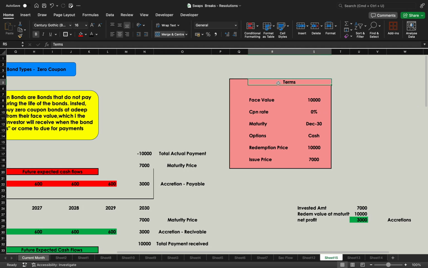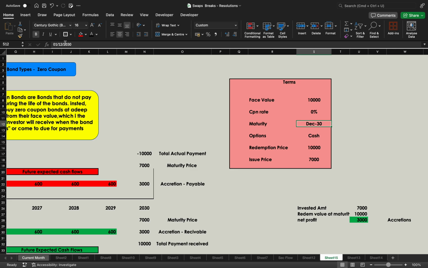The terms are like this: face value of a bond, which is the maturity value. Then coupon rate, which of course is zero, meaning there won't be any interest payment. Coupon is nothing but an interest payment. Maturity means the bond will mature or be redeemed in 2030.